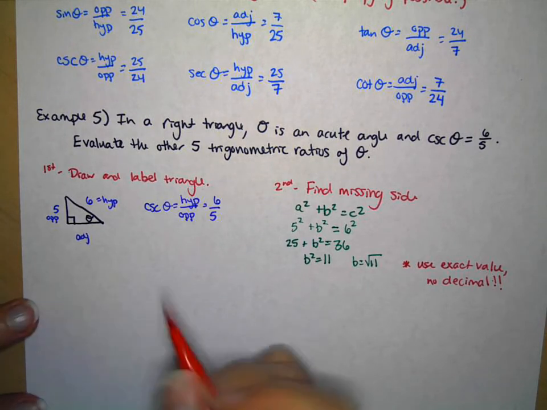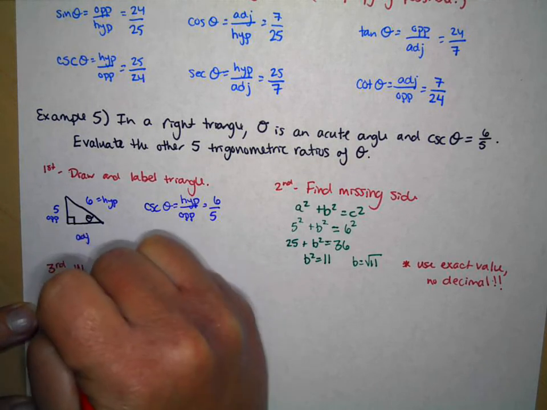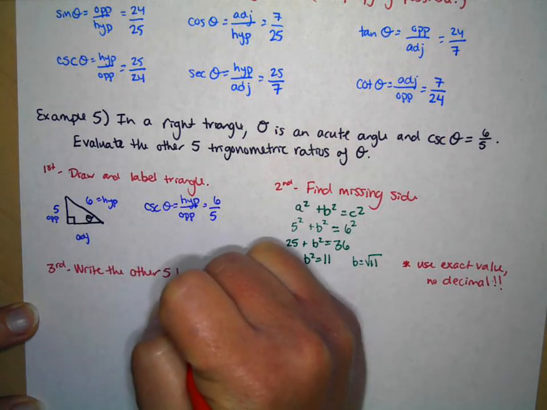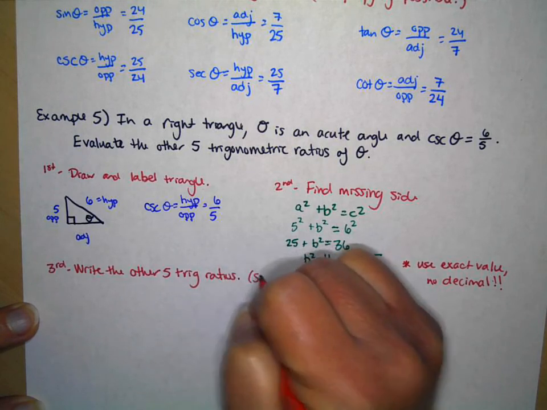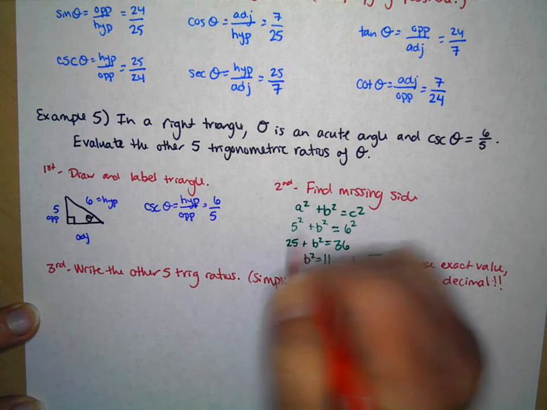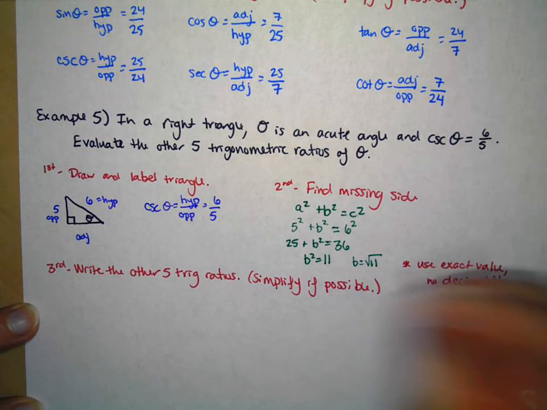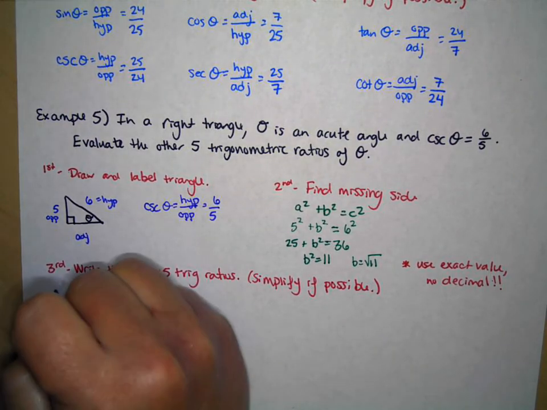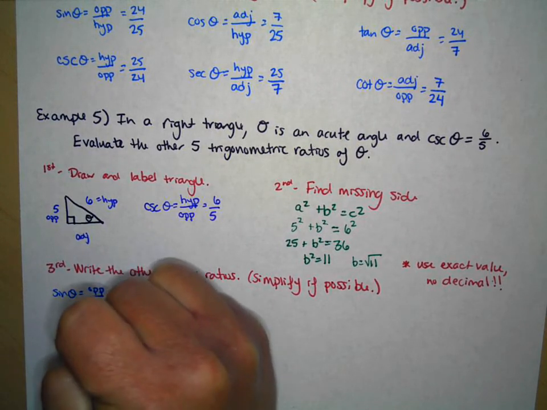And now that we know all 3 of our sides, we can write out our ratios. All right, we know sine of an angle is equal to the opposite side over the hypotenuse.